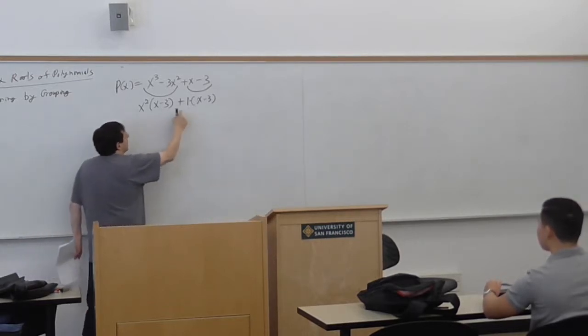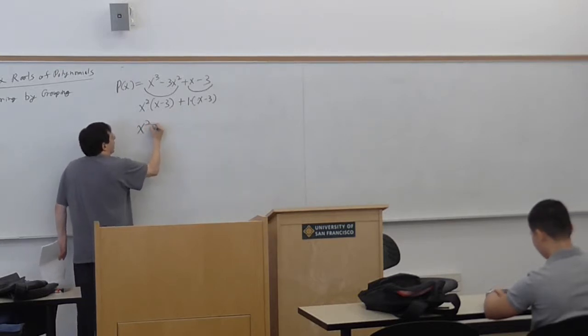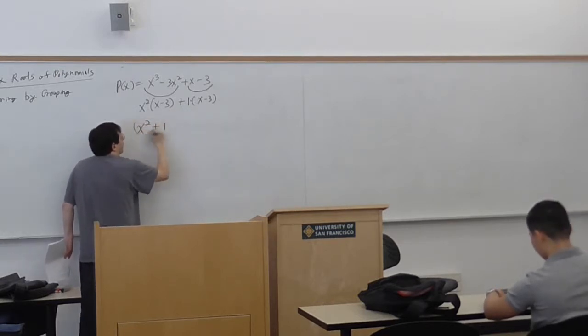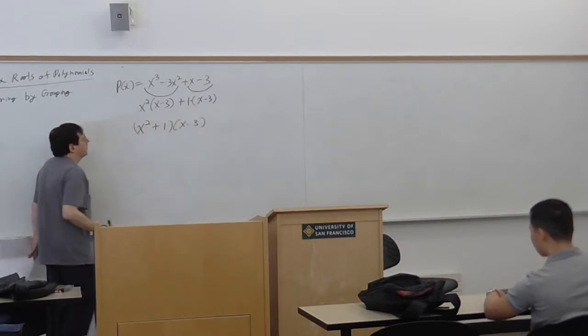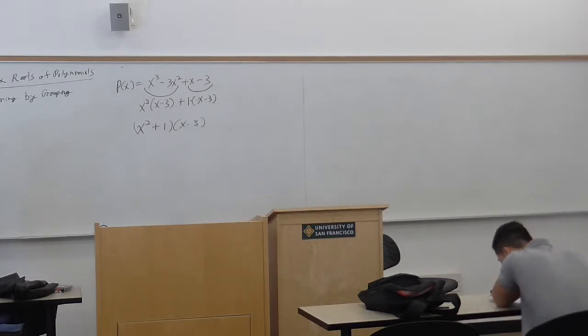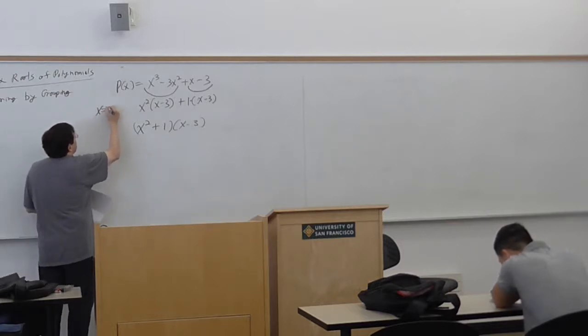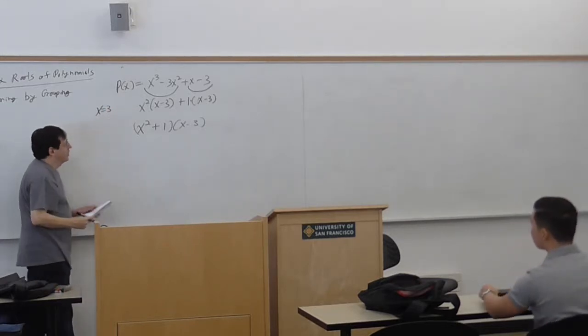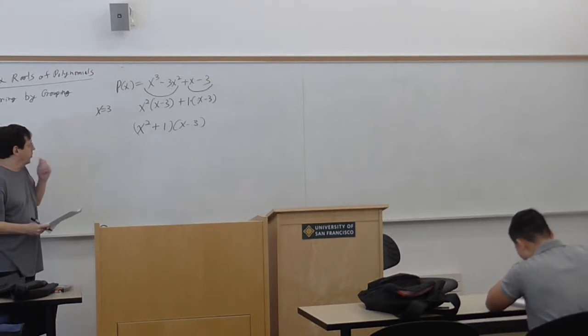That's crucial when I want to take this factor out, because I'm left with x squared plus 1 times x minus 3. And now we know right away that one of the roots is going to be x equals 3 because of this factor.